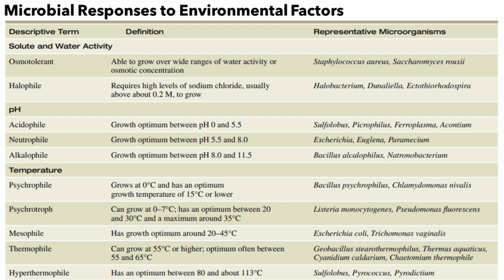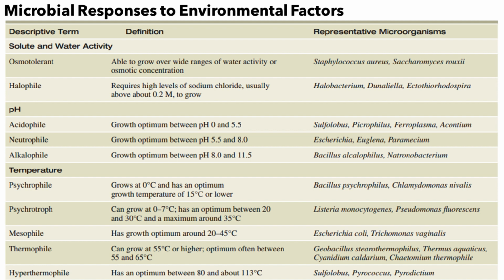For example, Bacillus alkalophilus. Temperature. Psychrophile, grows at 0 degrees Celsius and has an optimum growth temperature of 15 degrees Celsius or lower. For example, Bacillus psychrophilus.